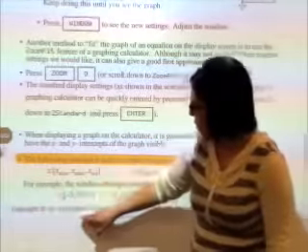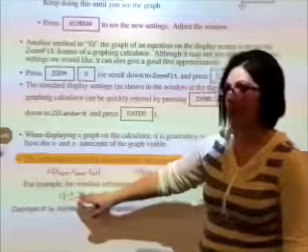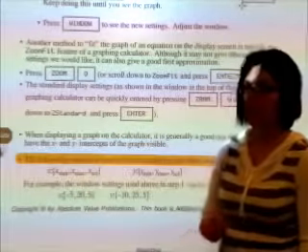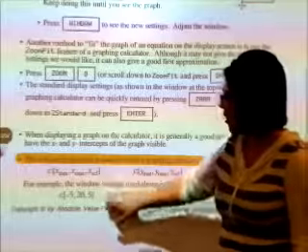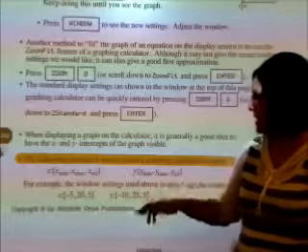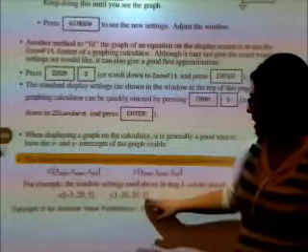So for what we were doing, we went from -5 to 20 with a scale of 5. They did their y axis a bit different, -10 to 25 going up by 5s. But it is in the exact same order as the window setting itself. So I just have to write it down in the order that I see it for the x and for the y.